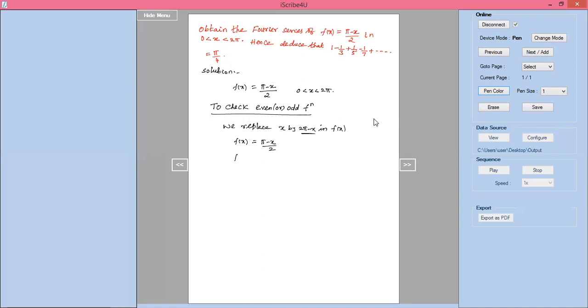If I replace, f of 2 pi minus x equals (pi minus (2 pi minus x)) divided by 2. Now I will write (pi minus 2 pi plus x) divided by 2.